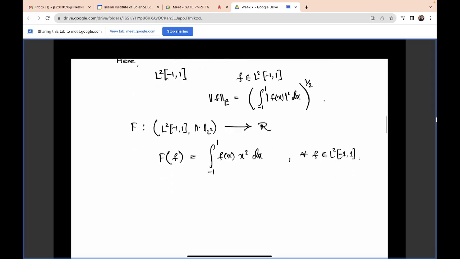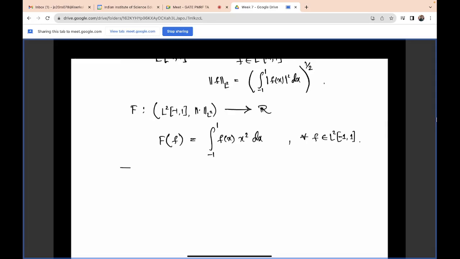So this is a functional on L2 of A. By the Riesz representation, because F is a functional, it will be given by the integral of f over some function g. So here g is this x squared. Then what will be the norm of F? The norm of F will be the norm of g.